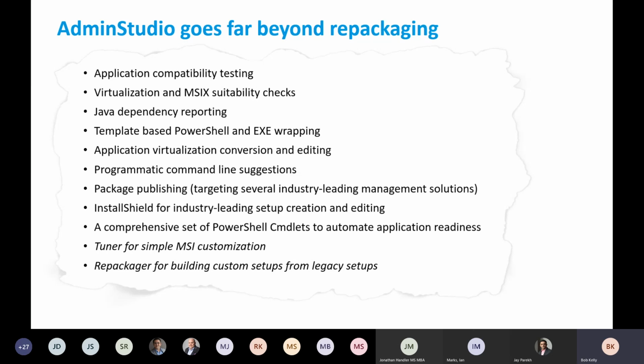If you're not a PowerShell fan, we found that a lot of people still use WiseScript to wrap their vendor setups because that's a process they've had and want to keep going. We've since added that application to the Admin Studio suite as well, so that people who aren't comfortable with PowerShell can enjoy the same benefits.